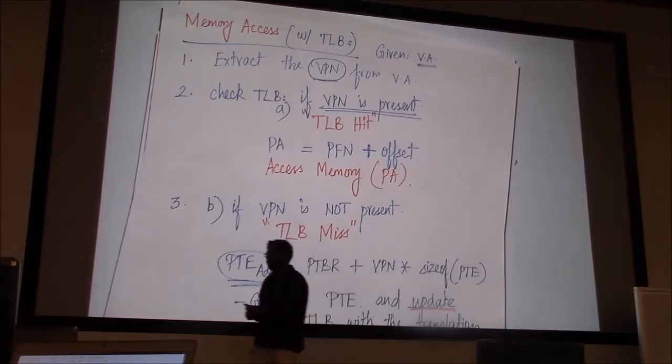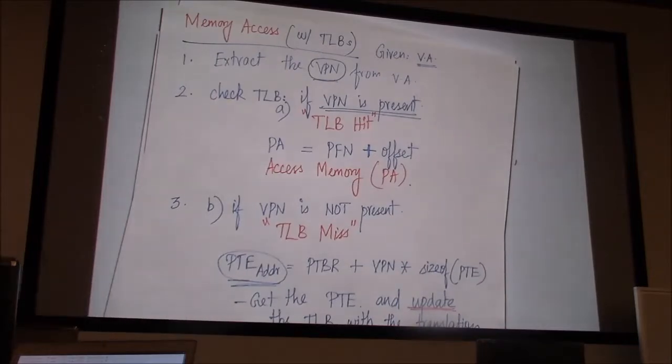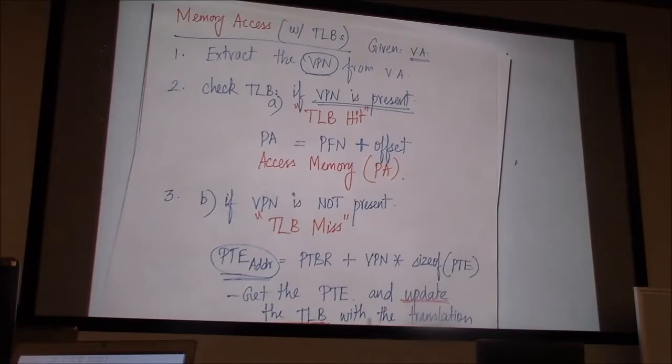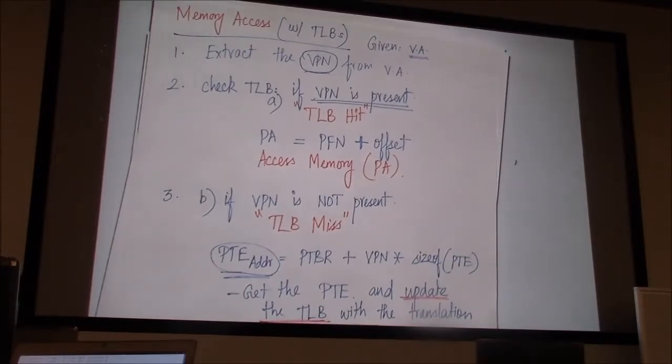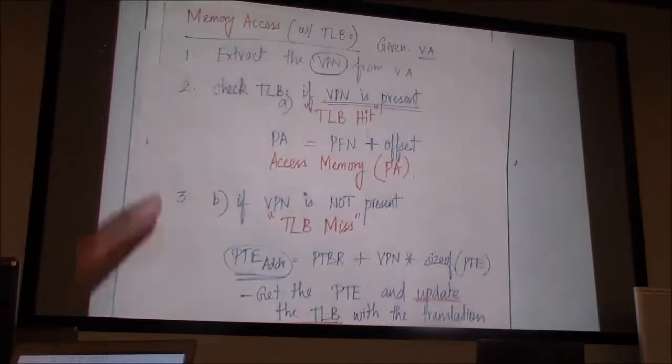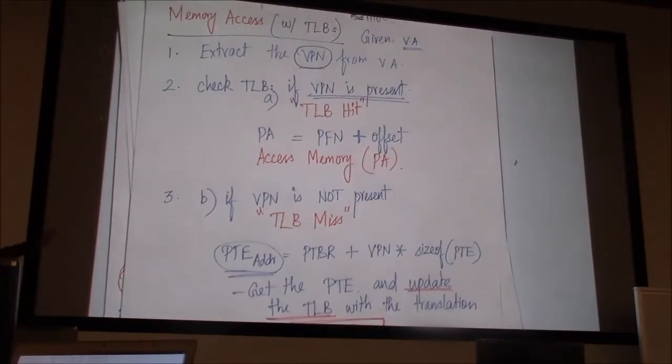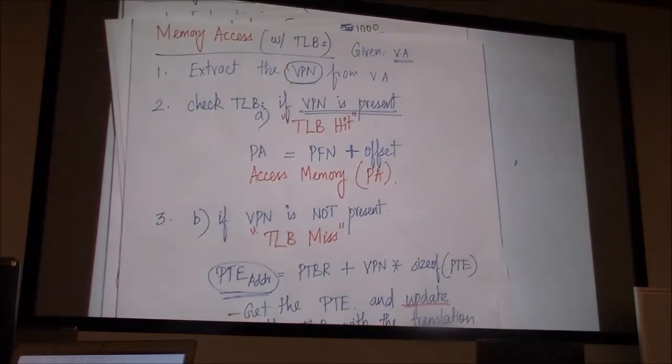It just goes to that page table base register, extracts the page table address, and then updates its own TLB just in the hardware, and just reruns the instruction again. So this whole thing can be done just in the hardware.